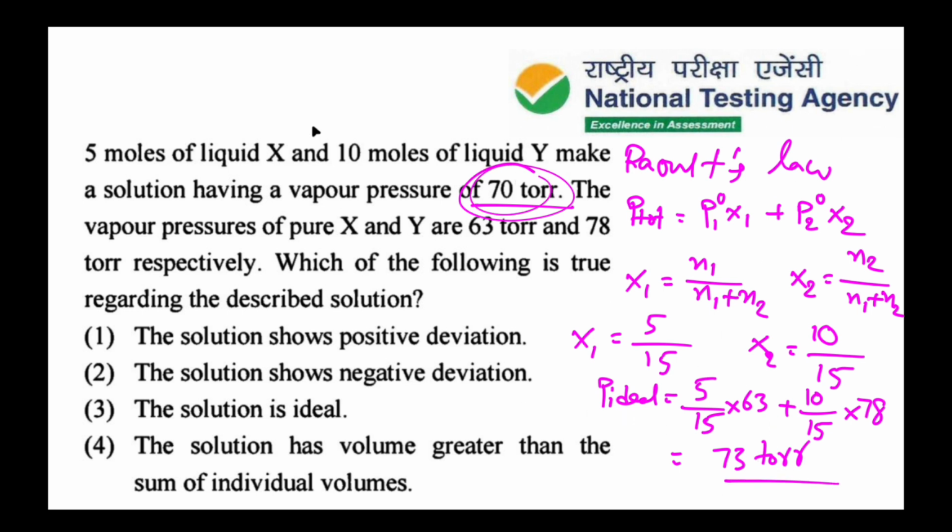It means XY interactions are stronger than XX and YY interactions. That means after mixing X and Y liquids, the new interactions are stronger than the individual interactions XX and YY. So the solution shows negative deviation. Option 2 is the correct representation.